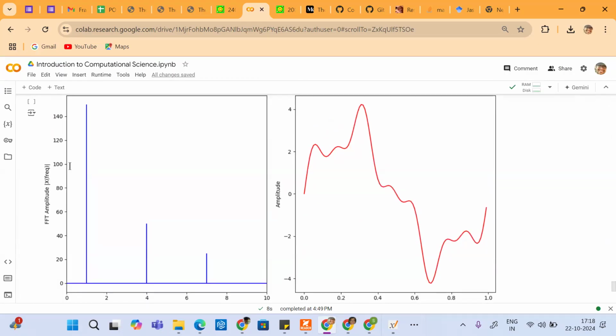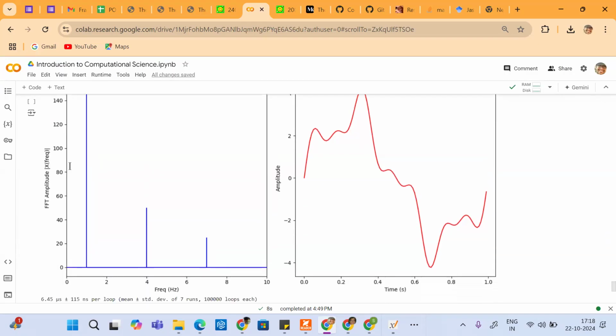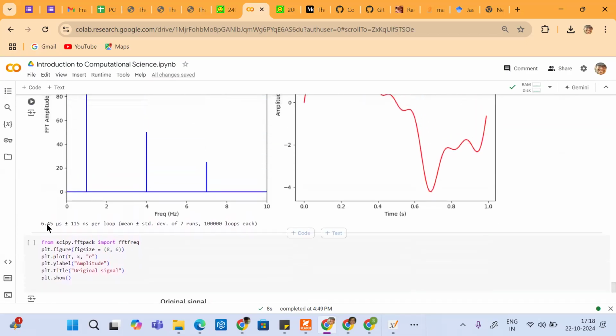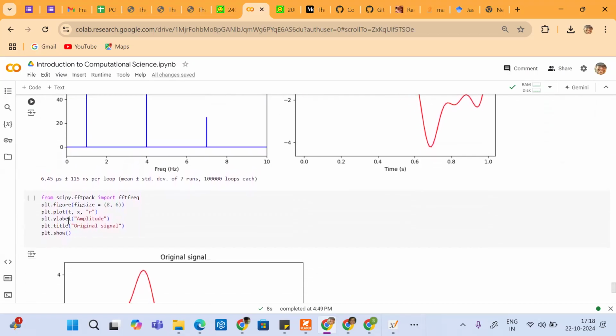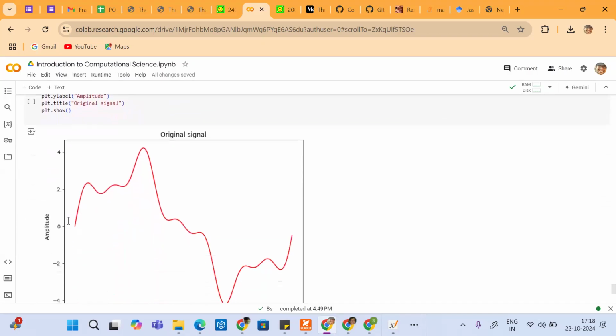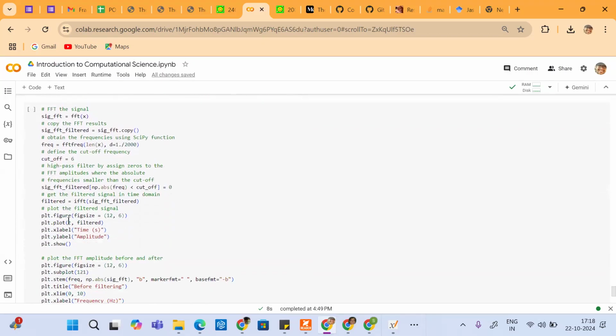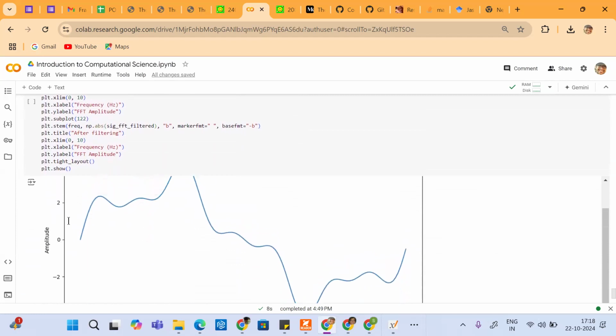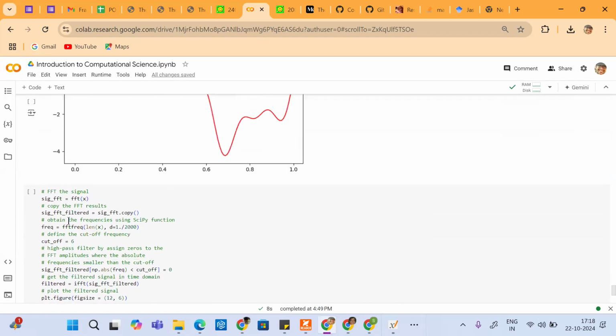Also very nice that it took only 6.45 microseconds. It was milliseconds before, but now it was micro. So quite fast.